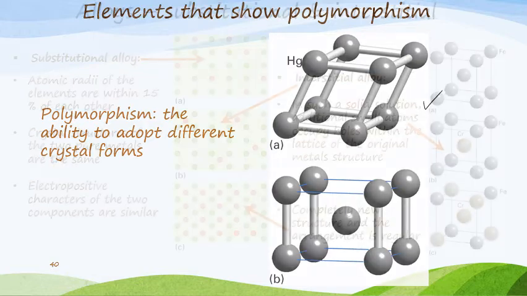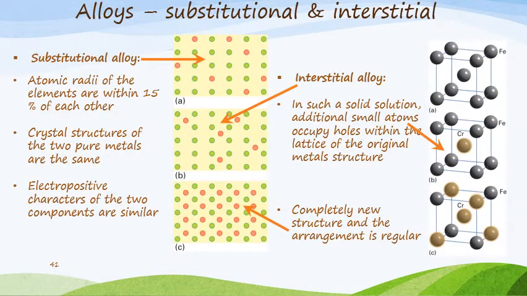The other property of metals that we need to have a quick look at is that of alloys. What are alloys? Well, alloys are simply mixtures of metals. So for example, you will be familiar with stainless steel. Those of you who cook with stainless steel cooking pots or any other stainless steel device, that consists of a mixture of iron, chromium, and nickel.